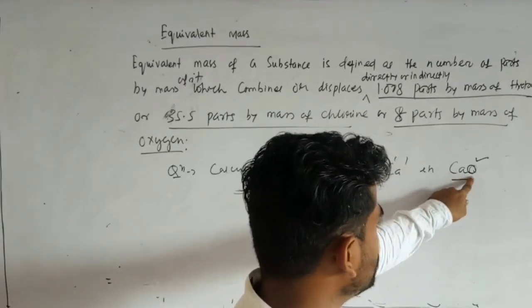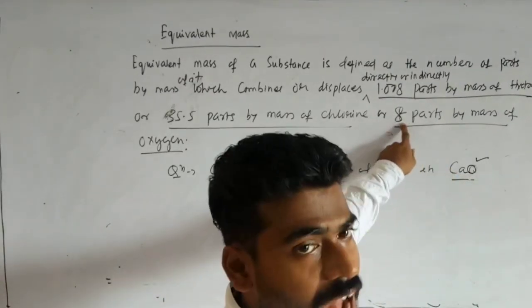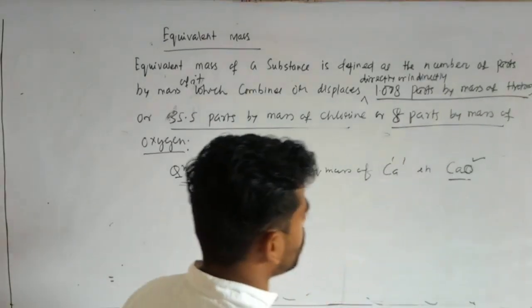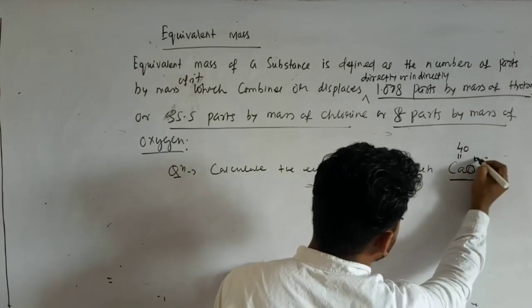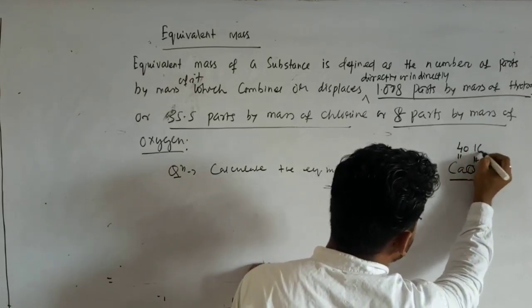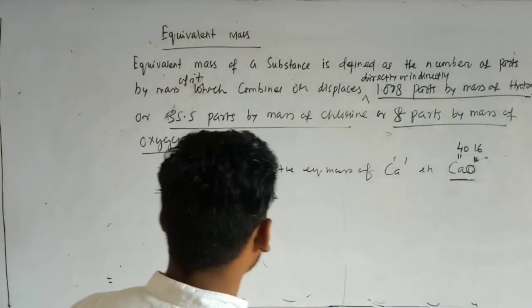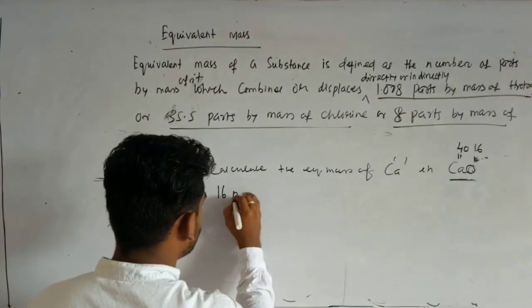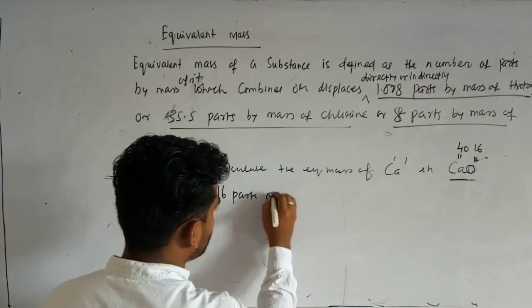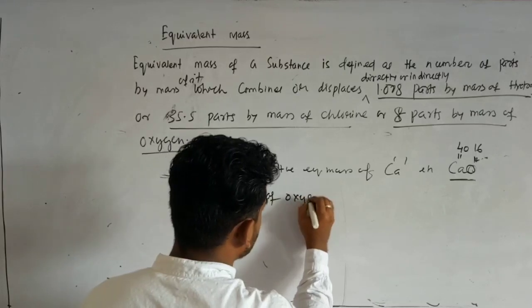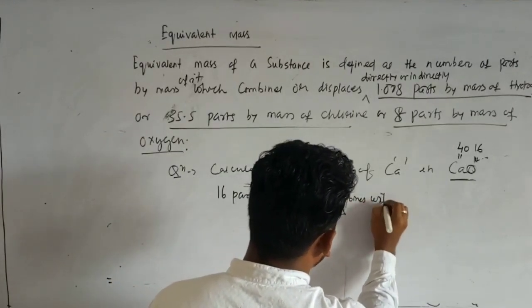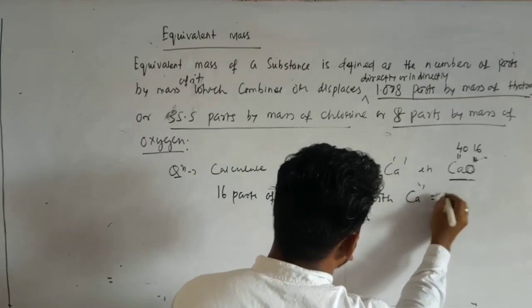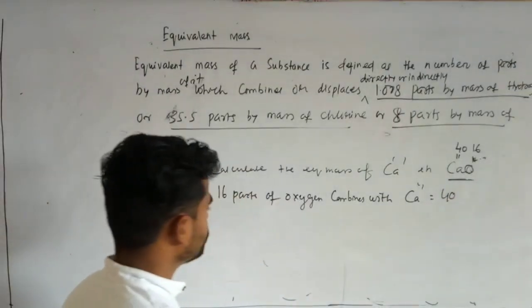Since oxygen is present, we consider 8 parts of oxygen. In calcium oxide, calcium is 40 and oxygen is 16. So 16 parts of oxygen combined with calcium equal to 40 parts.